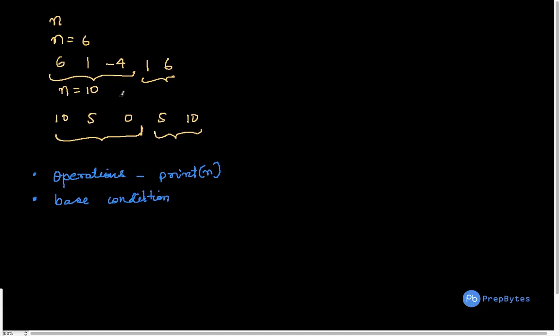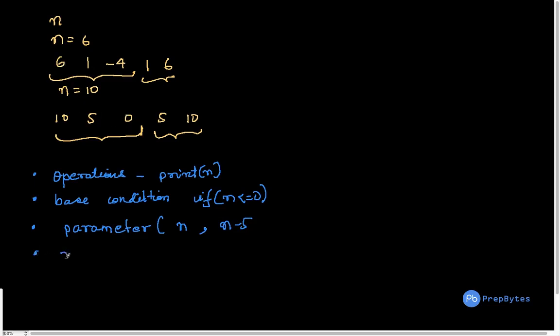Here my base condition, as you can see, is that I should stop if my n becomes less than or equal to 0. We'll see what we will do in this base condition. The other thing is what the parameter is going to be and how it is going to change. Here my parameter will be n. This is one thing I know, and we'll see if more parameters are required. Right now I think n is there, and we'll just keep on doing n minus 5, because it's 10 minus 5 again, and again. I'm just talking about this part.